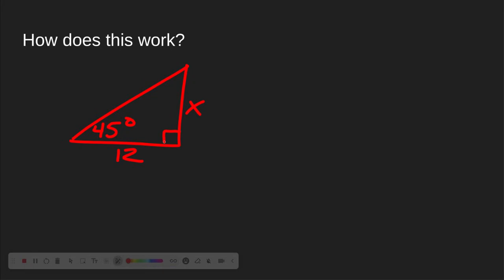So these are the questions you ask yourself. According to the angle that I'm given, what is the x? Is it opposite from that angle? Is it adjacent from that angle? Or is it the hypotenuse? It's the opposite, okay? What is the 12? It's the adjacent. Now, which function from before uses opposite and adjacent?